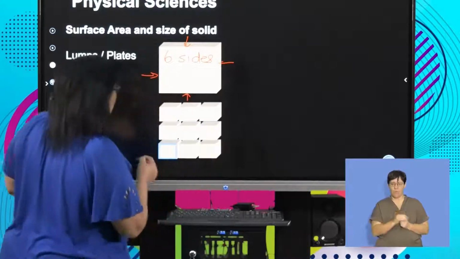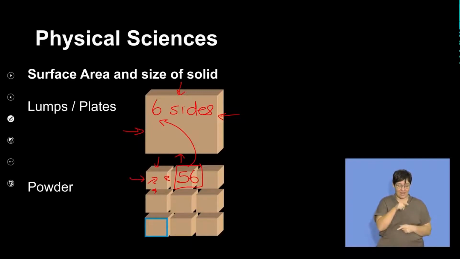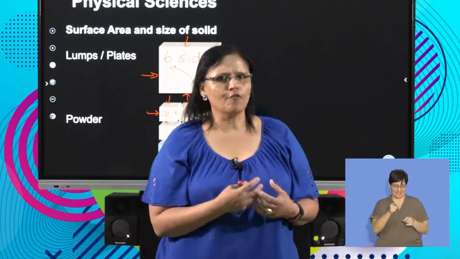Then we can say if each one of them has 6 sides for collision or possible contact area, and we have 9 of them, we can see for the powder, we actually have 56 contact areas as opposed to the 6. That is why we say powder form is a higher or a bigger surface area as opposed to a lump. But you must remember, for a fair experiment, you must have the same mass of your reactant.